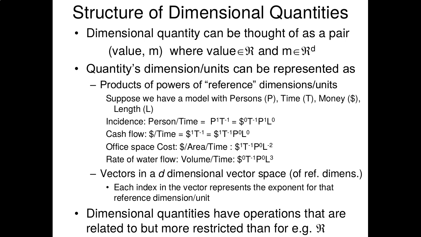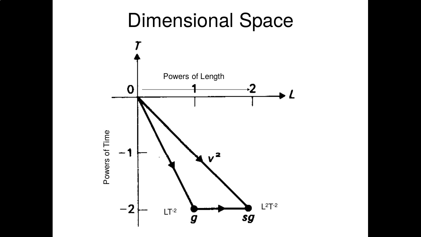Alternatively, we can take those and we can represent them in a vector space, okay? We could put it something like this. So, for example, if we have something that's length per second squared, or length per unit time squared, we might express it like this. So we have powers of time, minus 2, powers of length, 1.